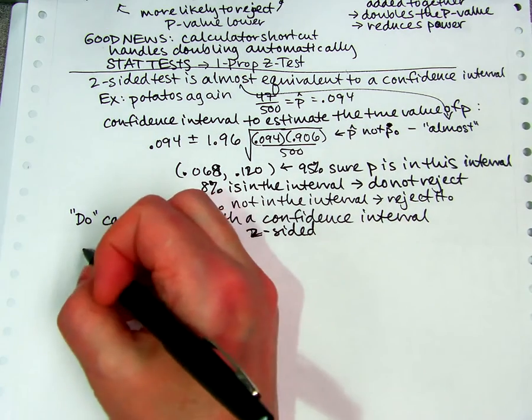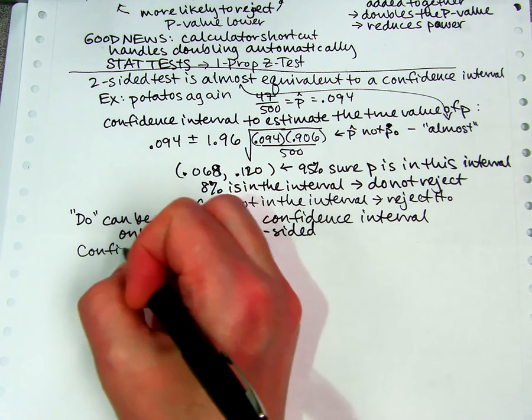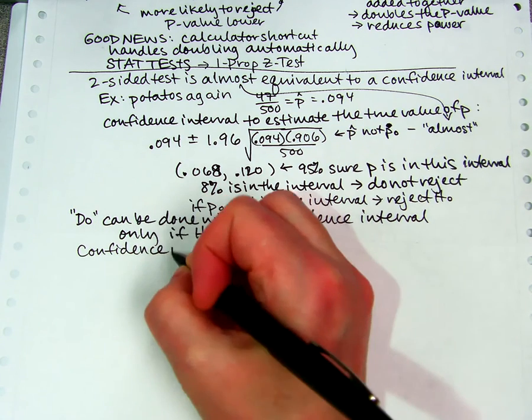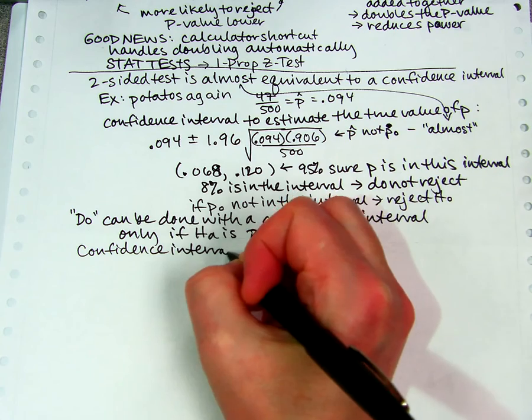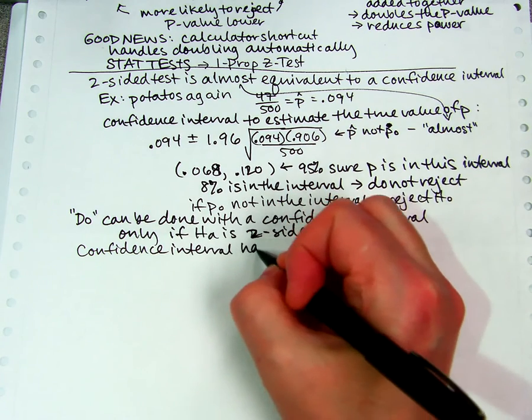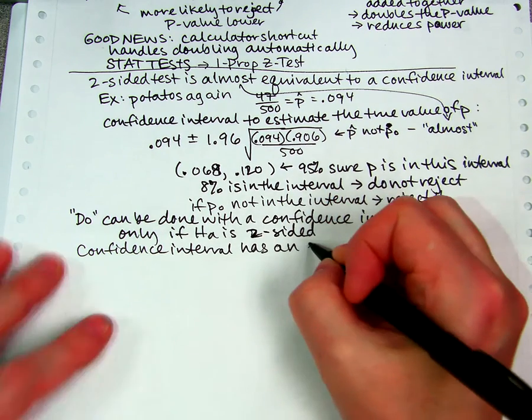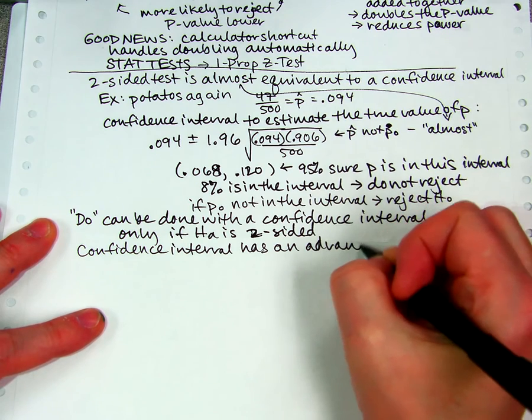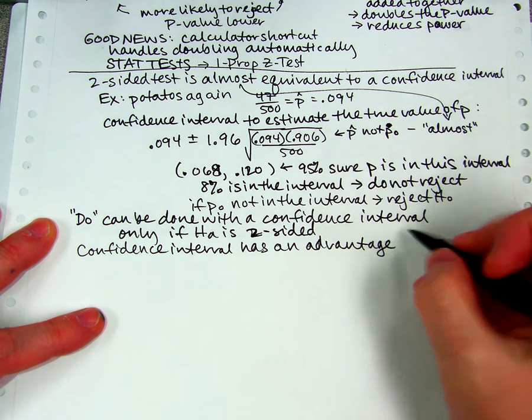Because if it's one-sided, you really need to do a different sort of calculation that we're not learning this year. However, the confidence interval has one advantage that I'll tell you. It gives you more information than the p-value.